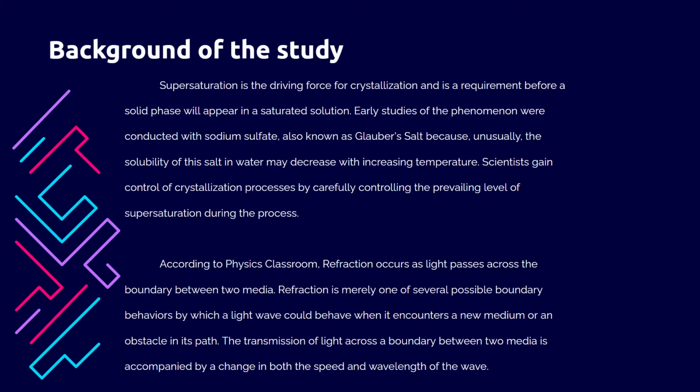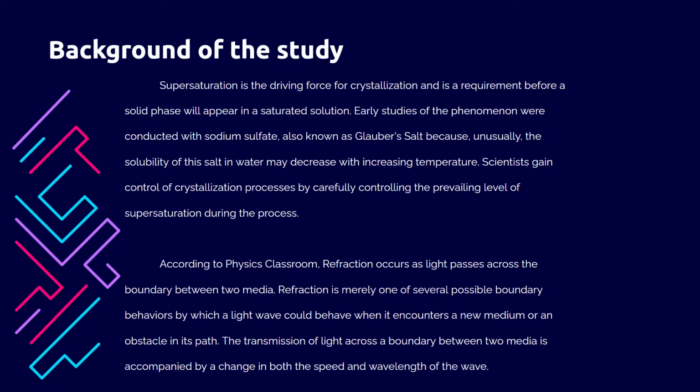Glauber salt is a kind of salt that is a decahydrate form of sodium sulfate. It is also known as mirabilite. According to The Physics Classroom, refraction occurs as light passes across the boundary between two media.